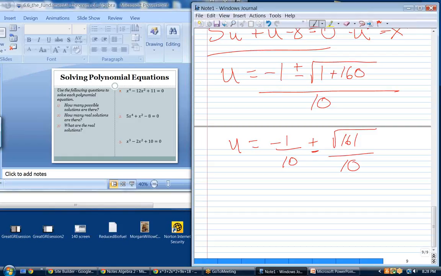So, well, this is a good one. Now we have to plug this in to our substitution. U, remember, is equal to x squared. So if U equals x squared, solve that for x.